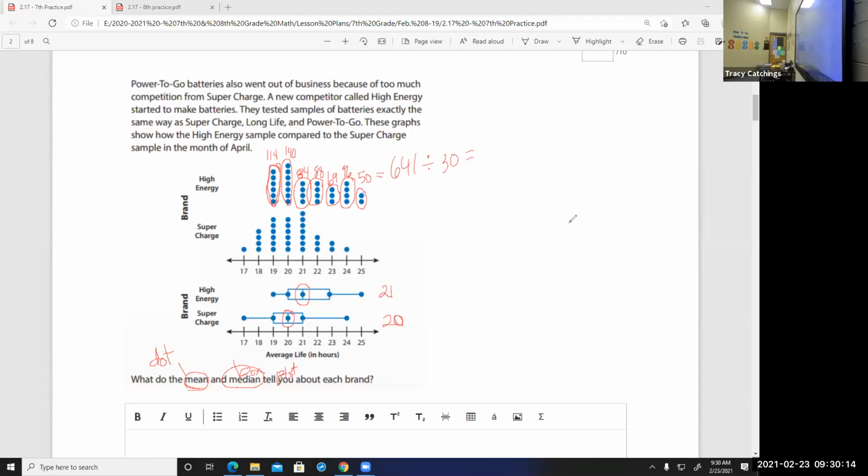$21.3. You got the same cord? All right, now let's look at the next one. We got 17. 4 times 18. All right, 19 times 6. Was that the same from above? 114.